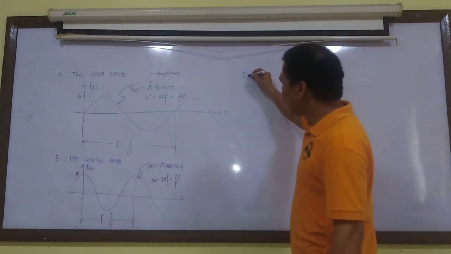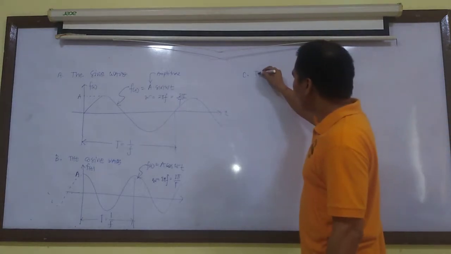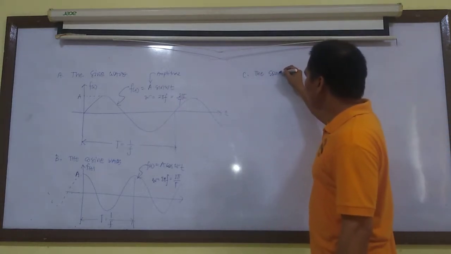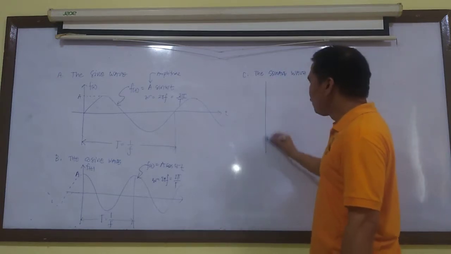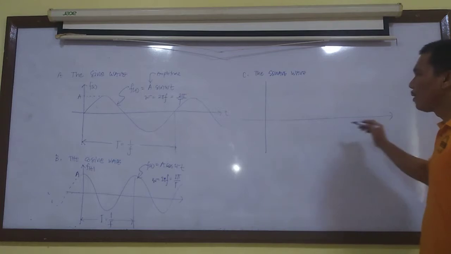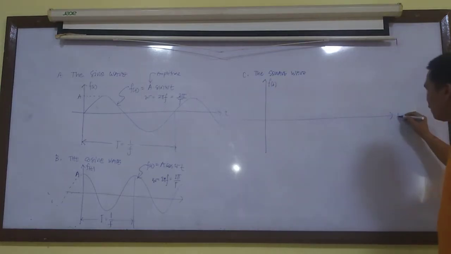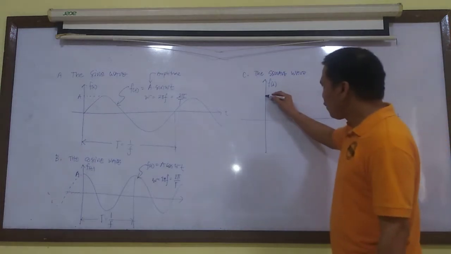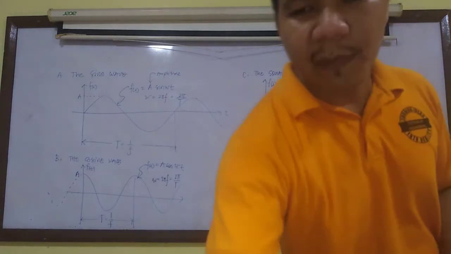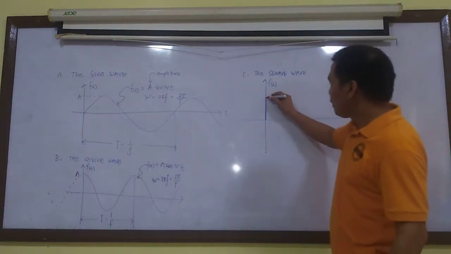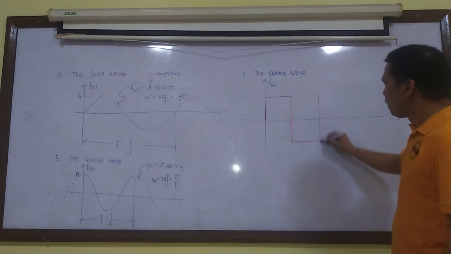Let's have another type of function. This time, I will give you the square wave function. When you say square wave, this is very common in our electronics subject. Let's label this as function of t, and this is your t. This is the representation of my square wave.